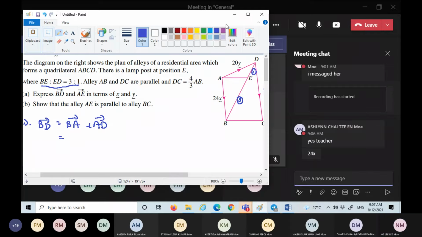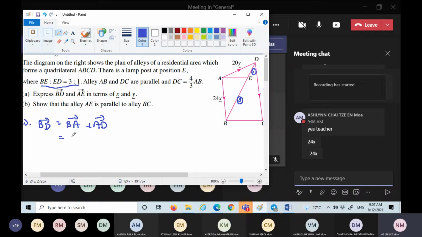It's wrong, huh? I give you one more chance because it's not difficult. Okay, yes. Be careful with the sign. Because AB is positive, BA will be negative 24x. If the sign is wrong, the whole thing is wrong, because this is just the beginning of the question. Mostly this type of question is a continuous one. The later parts usually use the information from the questions you have answered earlier.